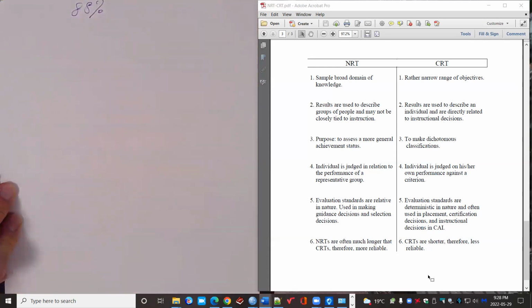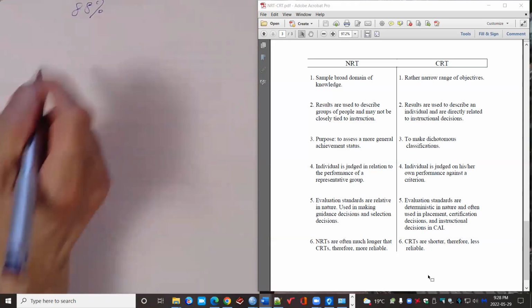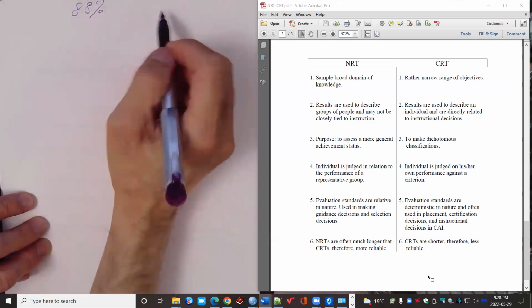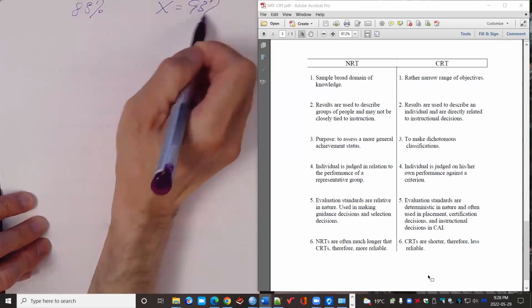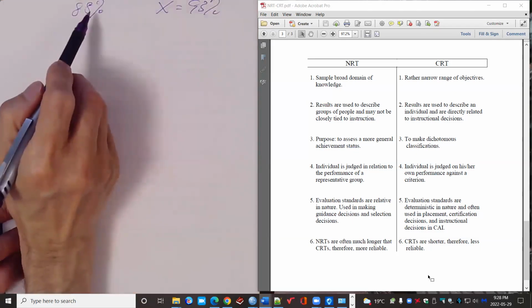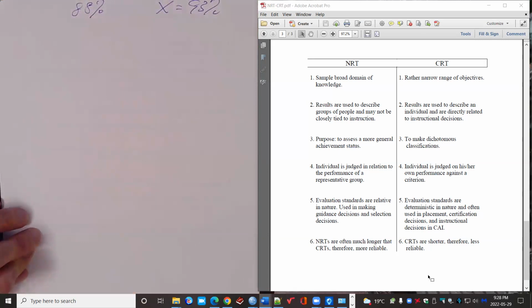Okay, so that's an A. But then you have no idea what the class average or the mean of the class is. Is that right? In the Web Advisor, you're not given that information. Let's say the mean of the class is 93%. Then this performance is below average. Is that right? All right, that is below average.